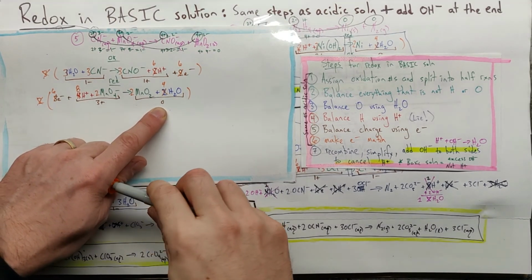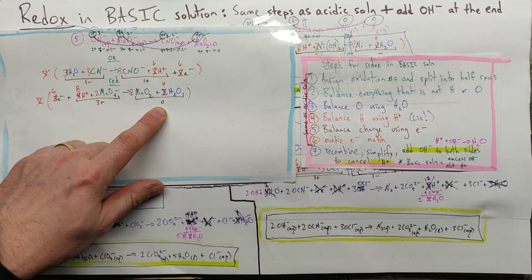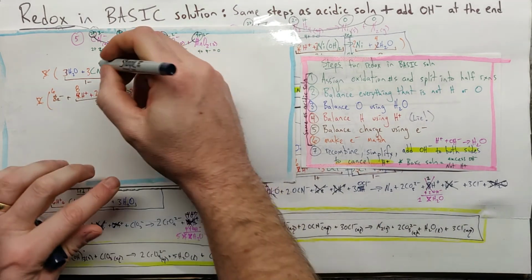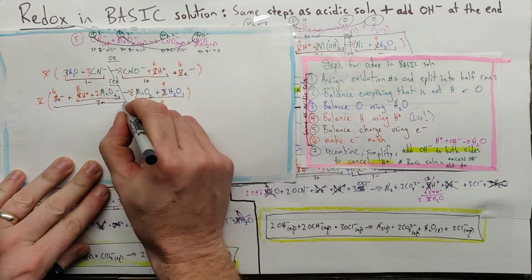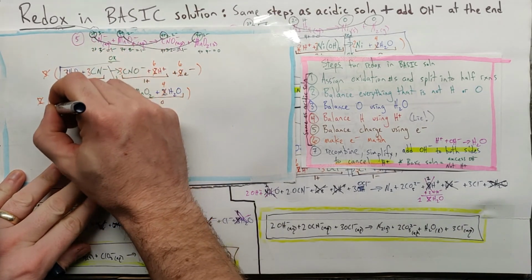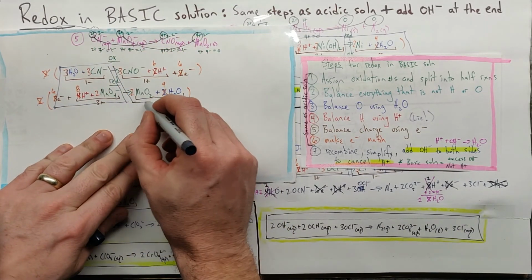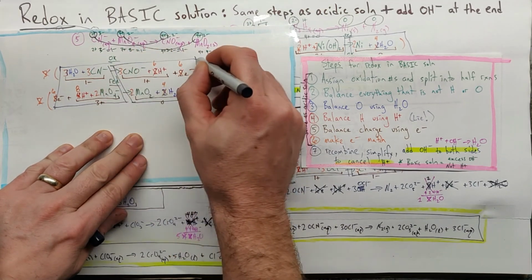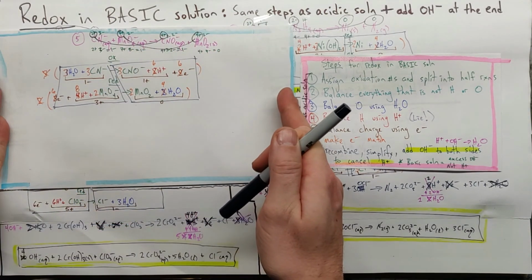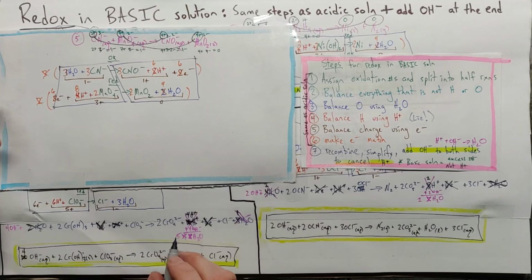It's that time where we need to recombine things and simplify. And I tried to budget a bunch of space because this is a bunch of writing.